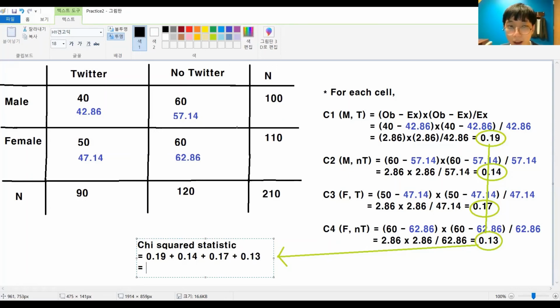And if you do the math, you get 0.63. So 0.63 is the chi-square statistic you have to calculate.